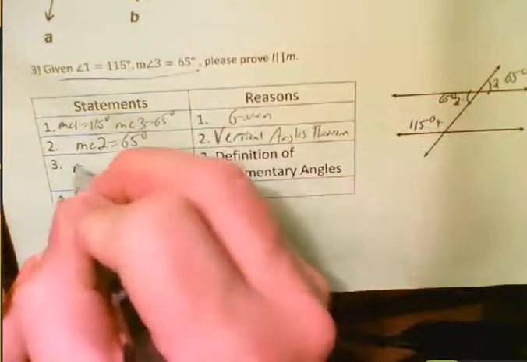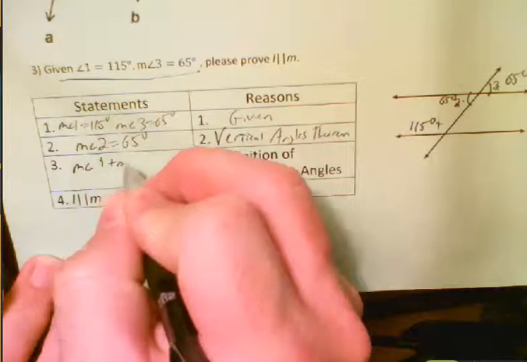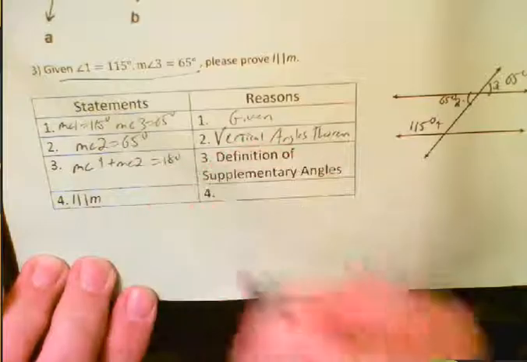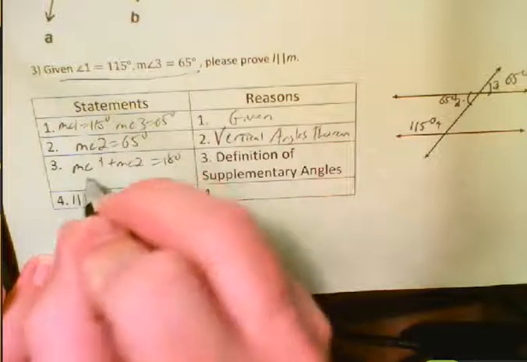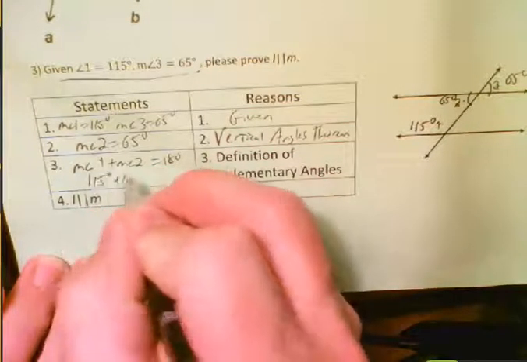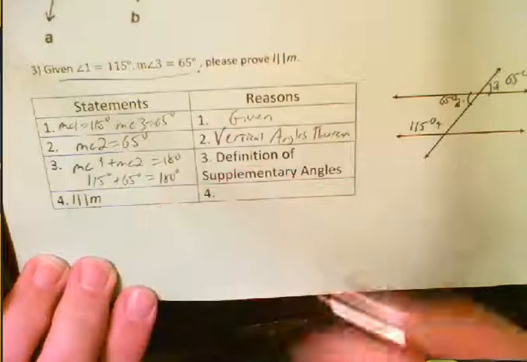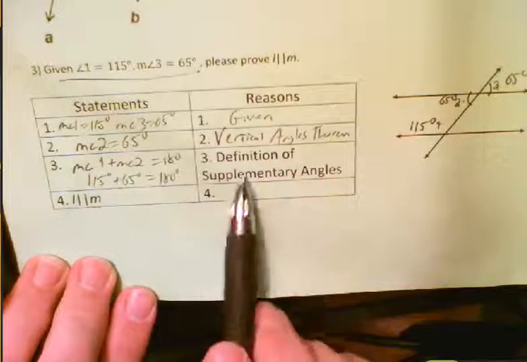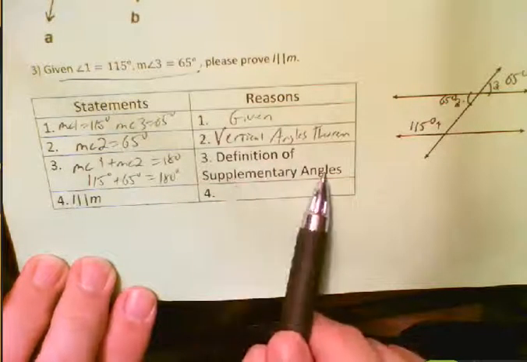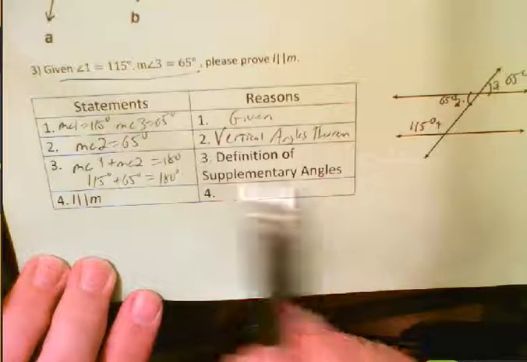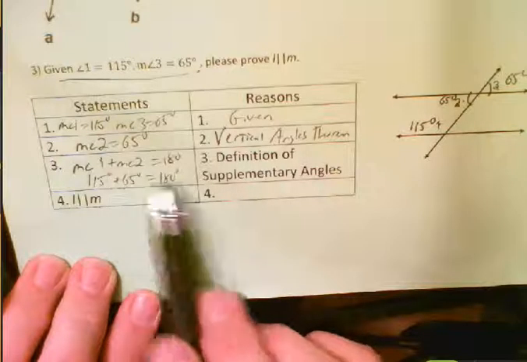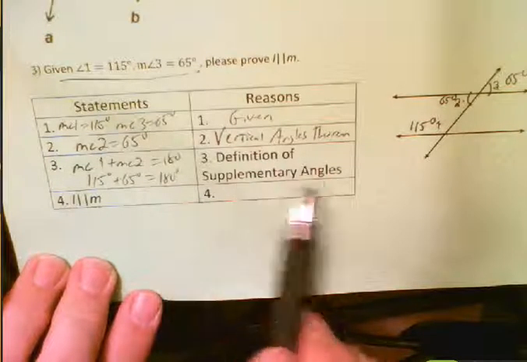So the measure of angle 1 plus the measure of angle 2 equals 180, right? I'll just write it down. So 115 plus 65 does equal 180, just so you can really see it, because of the definition of supplementary angles. Or you can even say angle 1 and 2 are supplementary by the definition of supplementary angles.